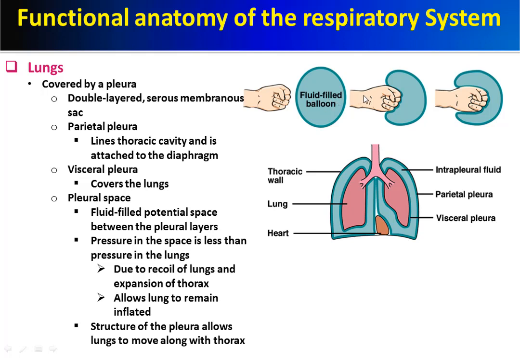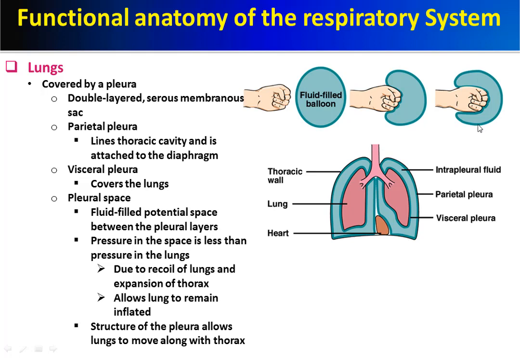So what happens then? Imagine this is the lung, and this is the pleural sac. What happens as this lung develops and pushes into this fluid-filled balloon? Now this is the developing lung. The pleural sac now takes the shape of the lung, and it is no more a balloon.